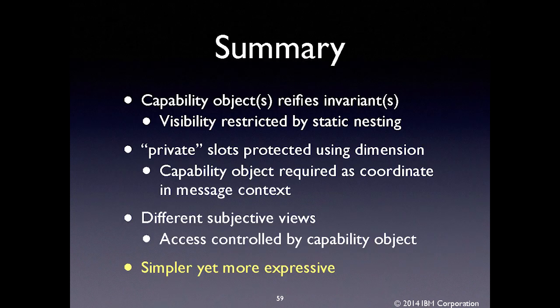To summarize this example, we have reified these invariants as capabilities. This says objects should be coordinates. Visibility of the capability coordinates can be restricted by, say, static nesting. What used to be private is just protected by another dimension. And you could think of this as different subjective views on the objects.